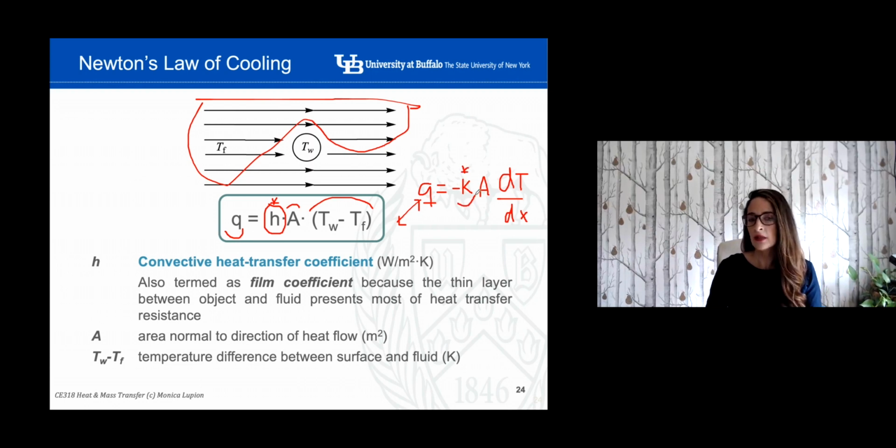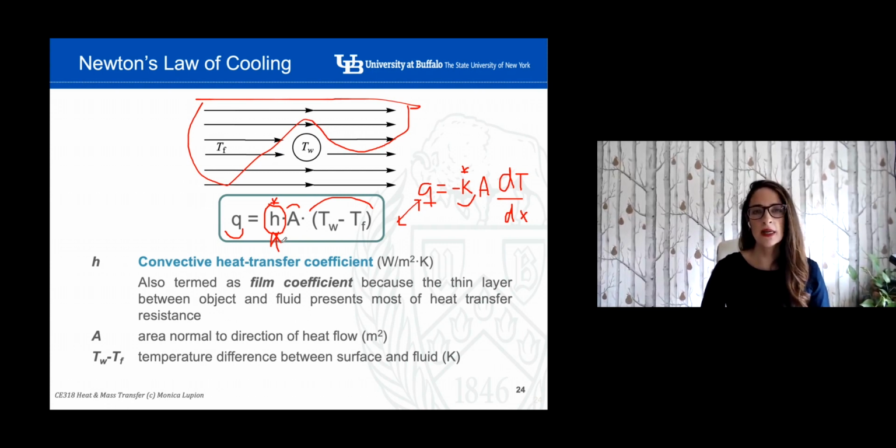And I mentioned that the thermal conductivity k pretty much depends on the type of material and the temperature. For the case of the convective heat transfer coefficient h, well, this is a more sophisticated coefficient, and it depends not only on the type of material and the temperature level, but many other things that we also need to consider. So it's not as easy, let's say, as the determination of the coefficient k.